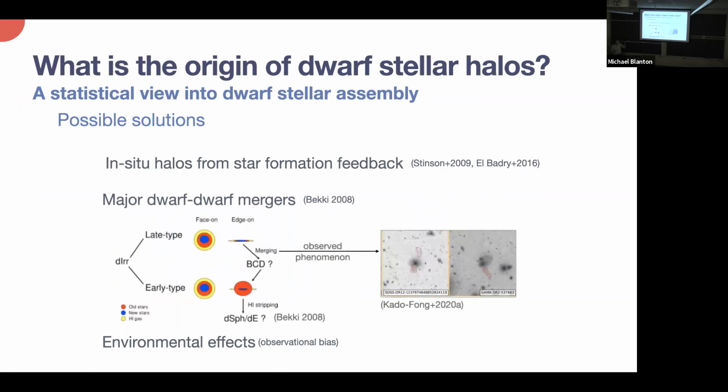The second is major mergers between dwarfs. So the idea is, okay, if we can't form a classical stellar halo from minor mergers, what about mergers between dwarfs of approximately the same mass? This idea essentially predicts that a minority of dwarfs in wide field imaging should have observable stellar halos, because a minority of dwarfs have gone through a major merger recently enough for the resulting stellar halos to still be observable in wide field imaging like HSC.